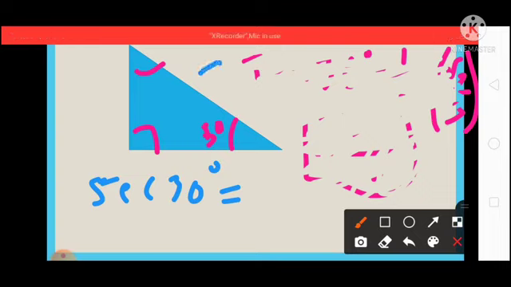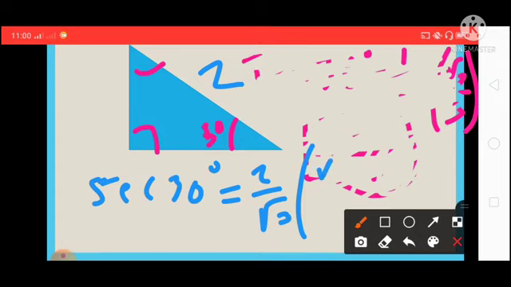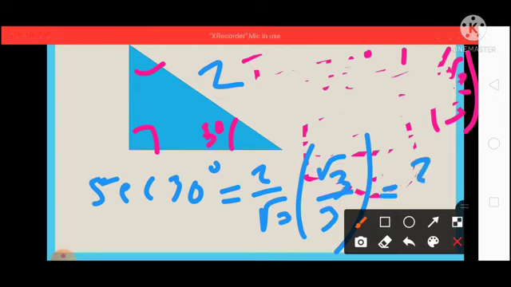The hypotenuse is 2, while the adjacent is the square root of 3. So we have to multiply by the square root of 3 over the square root of 3. So the value of sec 30 is equal to 2 square root of 3 over 3.